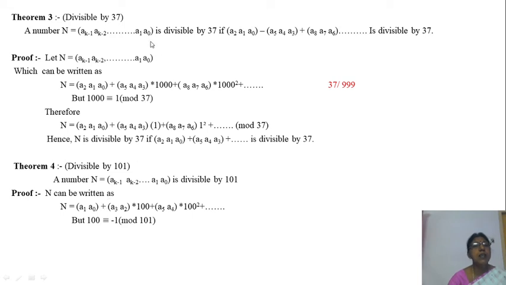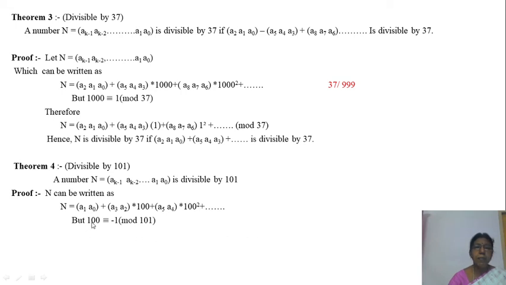In the previous theorems 2 and 3 we took 3-digit bunches, but here we take 2 as a bunch. First a1 a0, then the previous bunch a3 a2, like this. So we have the first 2 digits, plus the next 2 digits into 100, plus the next 2 digits a5 a4 into 100 squared, and so on.